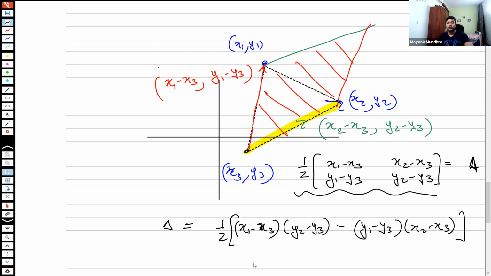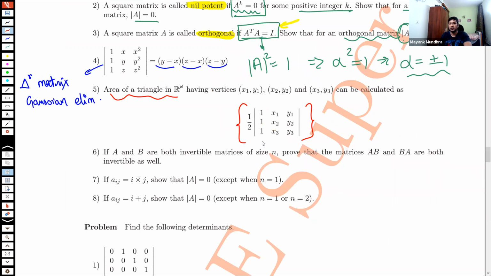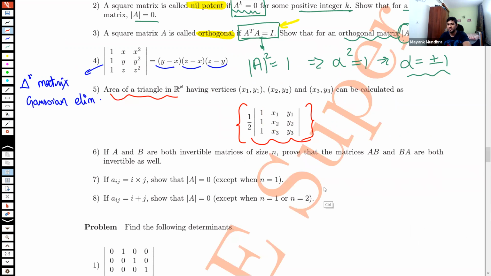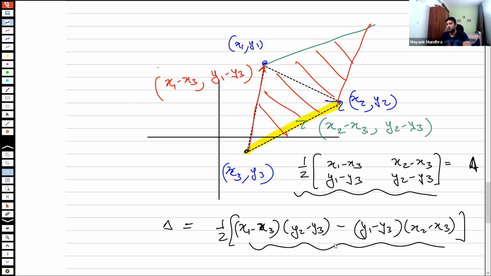So I have to show that the determinant given here basically transforms into this form. That is what I want to show. Okay, so if I can show that, then my job is done.